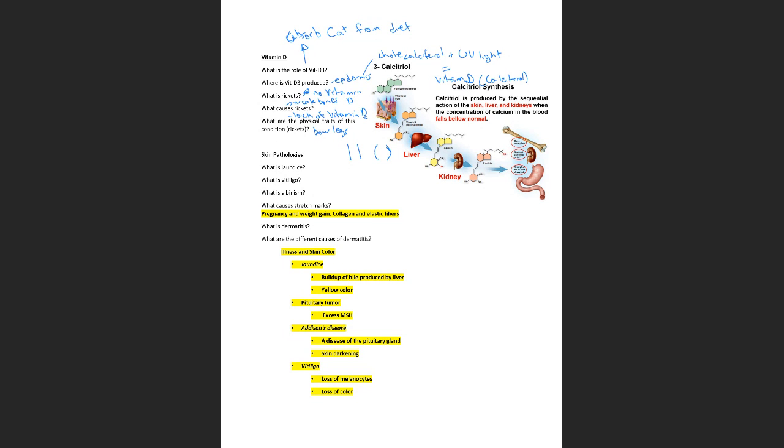Next, we're going to take a look at some skin pathologies, or skin diseases. So jaundice. Can you guys tell me what that is? That's usually an issue with the liver, and your skin is yellow. Why?